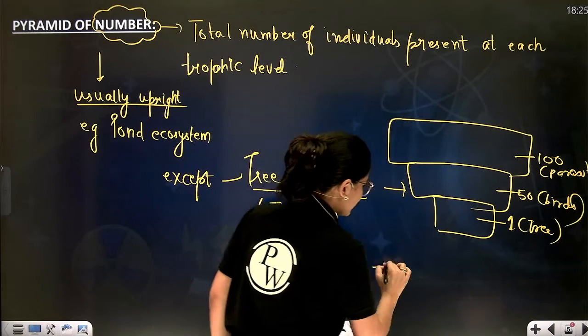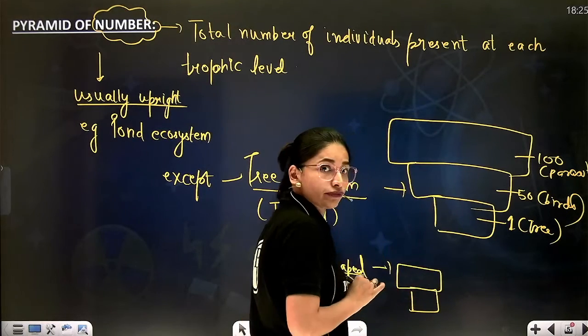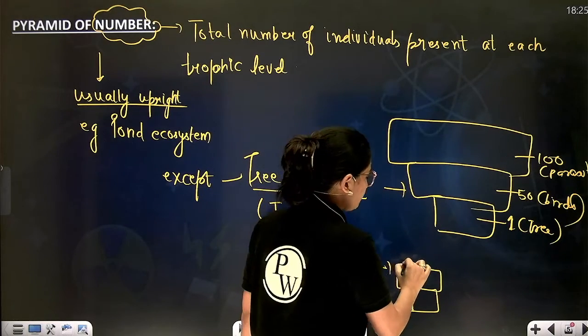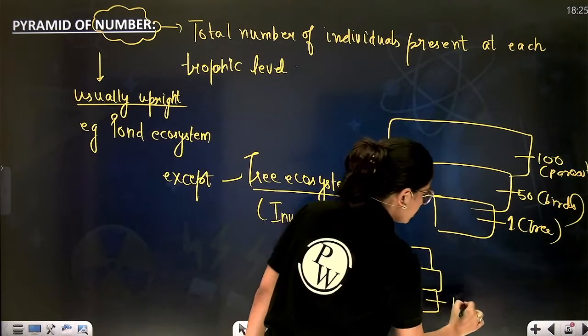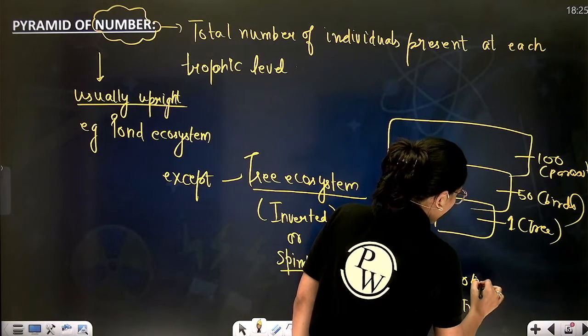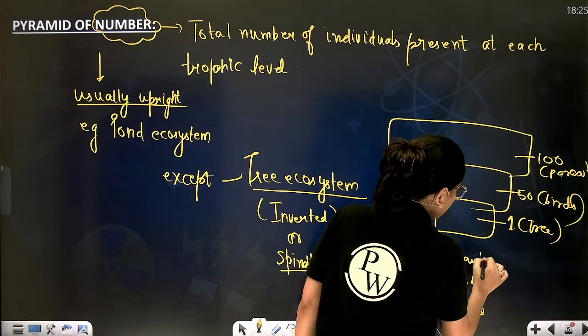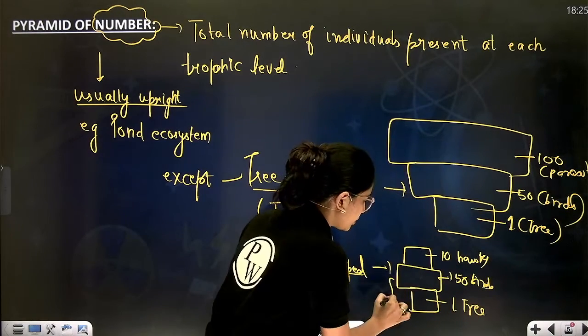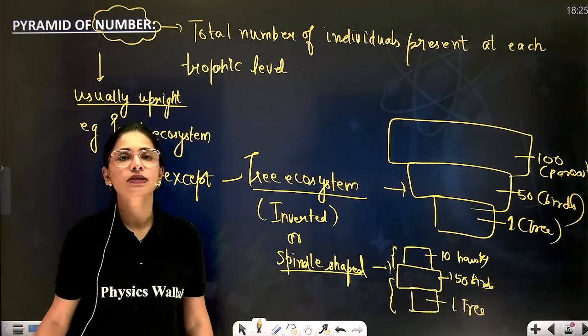Spindle shaped as in one tree supporting more than 50 birds and 50 birds fed by maybe 10 hawks. So initially the pyramid is inverted, then again it becomes upright. So the overall shape becomes spindle.